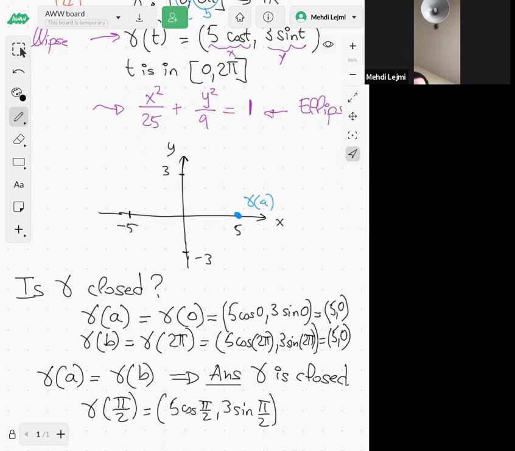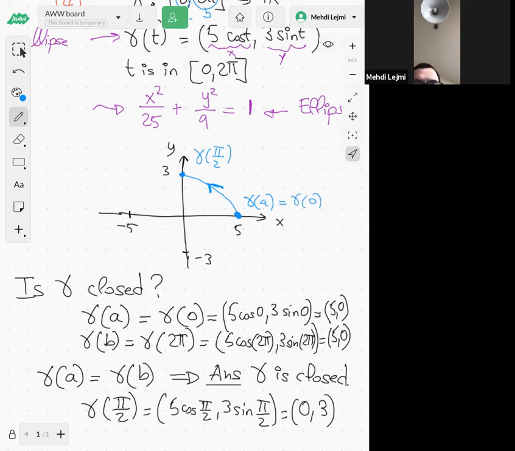Cosine pi over 2 is 0, so when my time t is pi over 2, you get the point (0, 3). So we go from (5, 0) to (0, 3). So here's my direction or orientation. This is gamma of pi over 2, and gamma of a, which is gamma of 0.